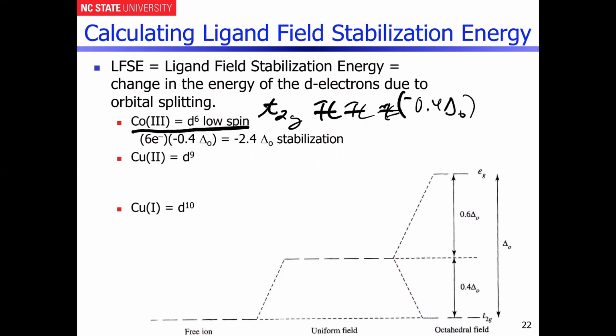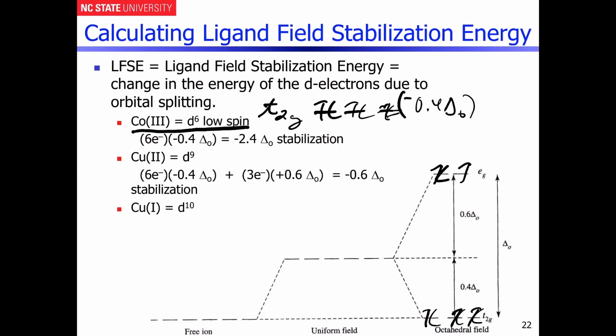So that's one example. Let's go to copper 2, which is a d9 system. The copper 2 d9 system is going to fill all of the electrons in this manner, where you can see that 6 of the electrons went into the t2g set, and then 3 went into the eg set. That results in the same idea, except now you have the 6 electrons in the stabilizing orbitals, but then you have 3 in the destabilizing orbitals.